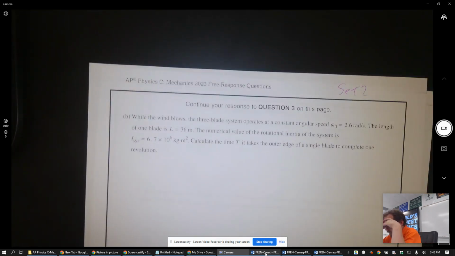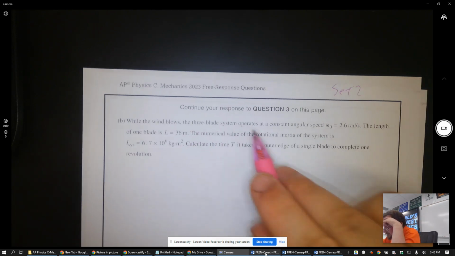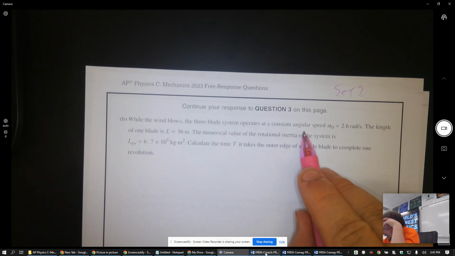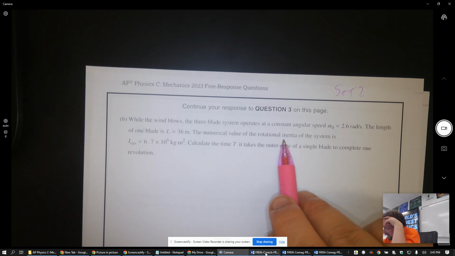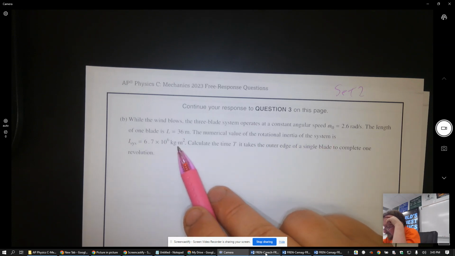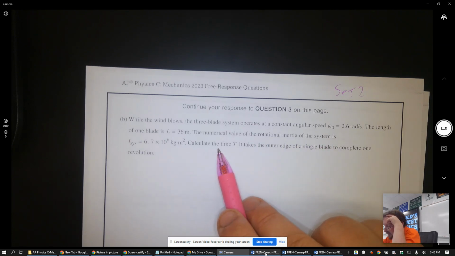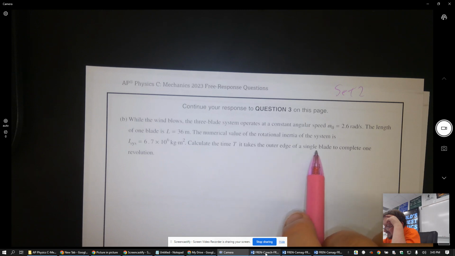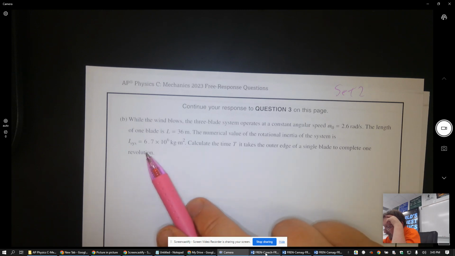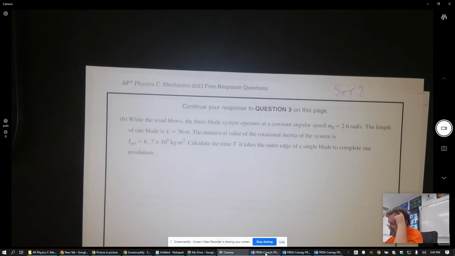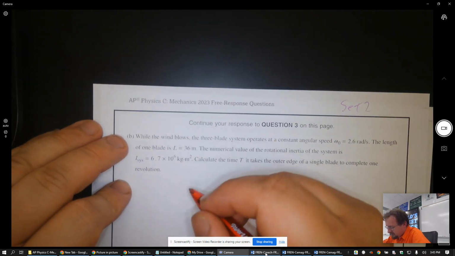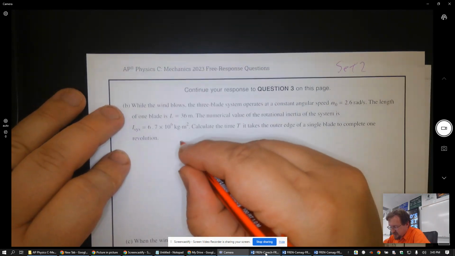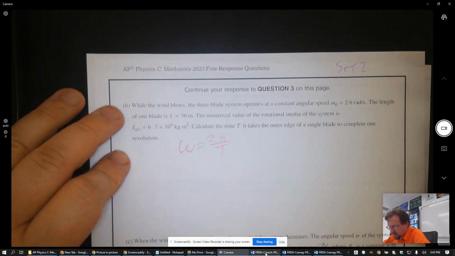While the wind blows, the 3-blade system operates at a constant angular speed omega. The length of one blade is given. The numerical value of the rotational inertia of the system is that ginormous number. Calculate the time it takes the outer edge of a single blade to complete one revolution. Are you seriously just asking, omega equals 2 pi over the period?